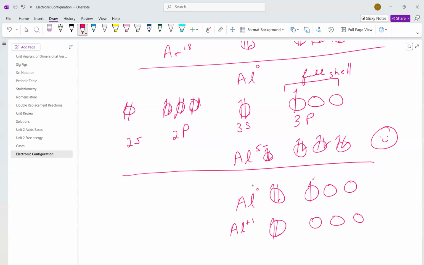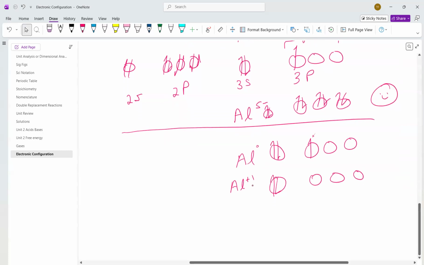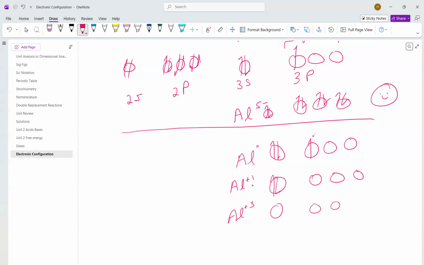Because there's one less electron now. What else can we do? Instead of taking out 1, we can take out 3. And what does 3 give you? It gives you a full shell. You're saying it's empty, how can it be a full shell?